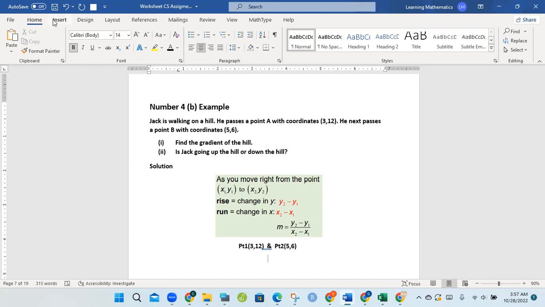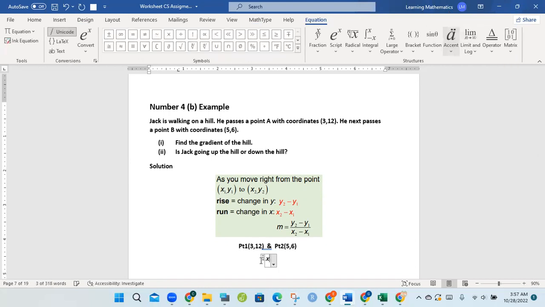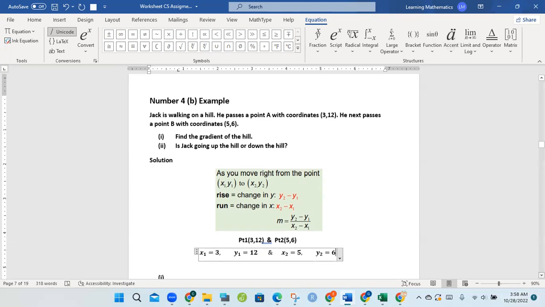Having done this, we can clearly label x1, because we know the x coordinate comes first: x1 is 3, and y1 is 12. Then we can label x2 as 5, and y2 as 6. In that way, we can substitute into the formula.